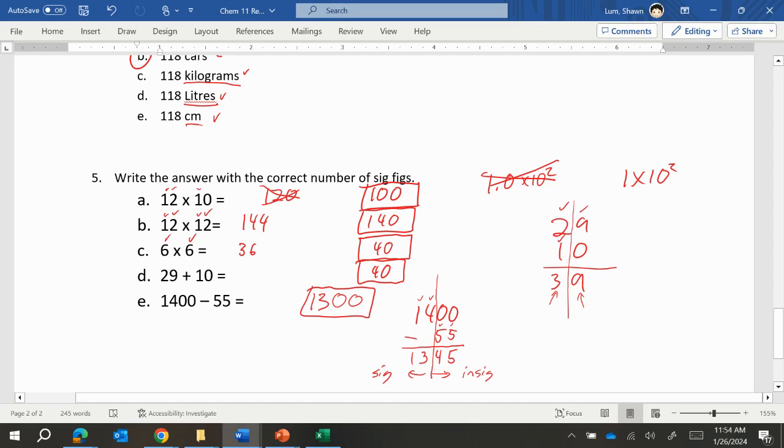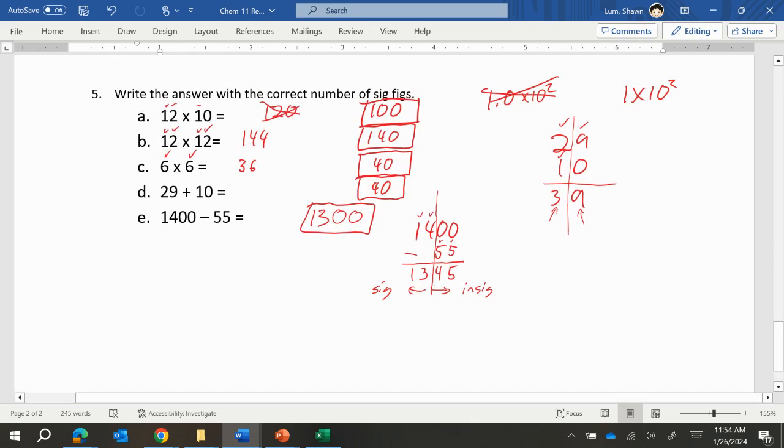Hopefully that makes sense. Now, I wanted to give one more question for significant figures. Let's say you had 120, okay? And you subtracted, say, 7. Okay? So significant, significant, significant. Our line of significance would be somewhere right about there.